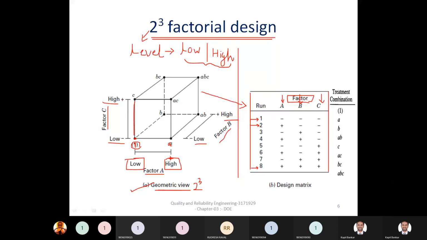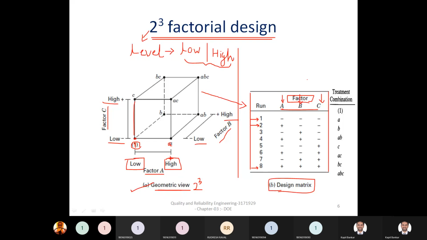So you have to set that particular factor at the low value and high value. These are the main factors A, B, and C. That's why it is known as the design matrix or main effect matrix. It is called the design matrix because here the main effects are there. A, B, and C are the main factors. Here there are no interaction factors.